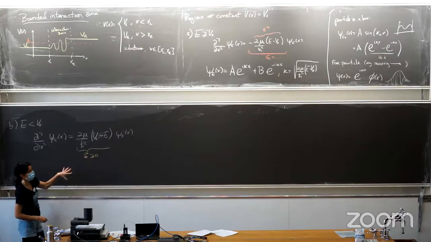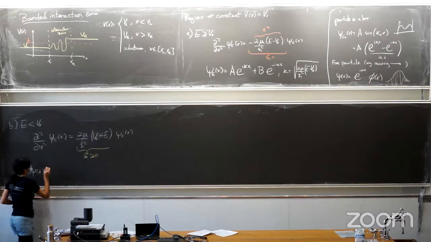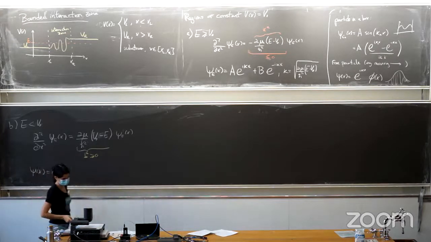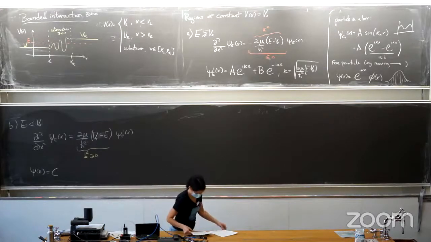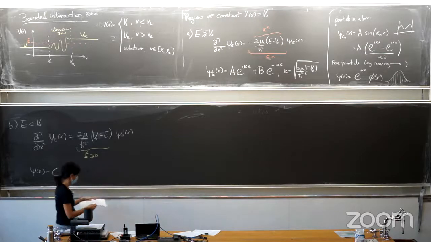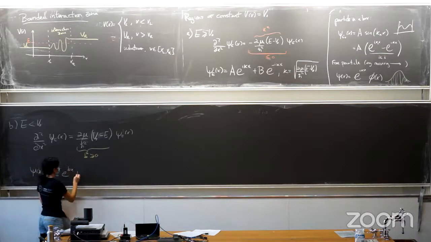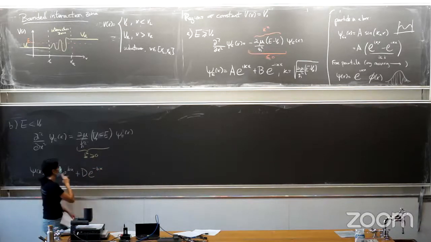So then we have, I'll give the constants different names. Sorry, not the sine or the cosine, but there's a nicer way to put it, which is like this: C e to the bx plus D e to the minus bx. So this is a general solution.